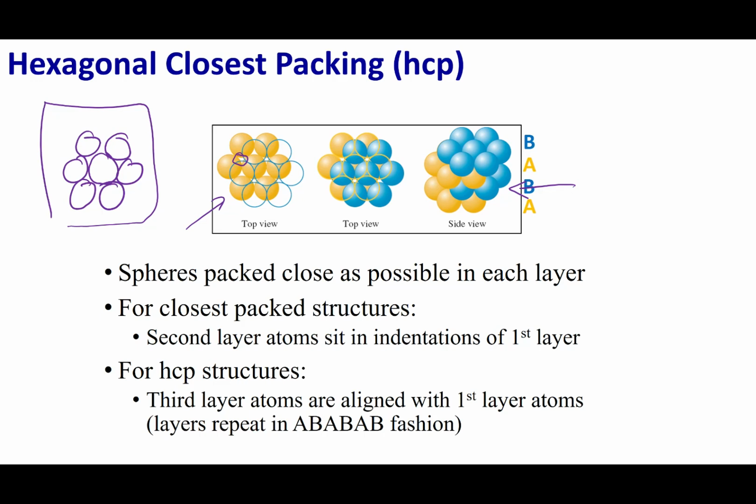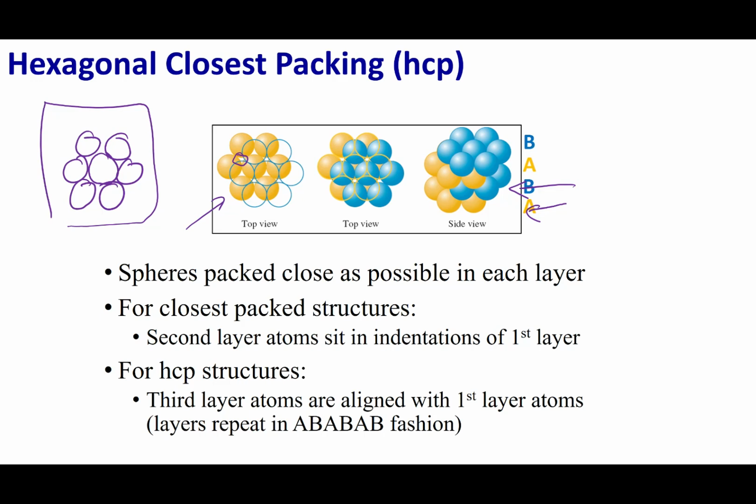To do this, I have to offset the second layer by a little bit. And so what I get is layer B. So my first layer, we'll call layer A. My second layer, layer B, a little bit offset. Now I'm going to put a third layer on top.